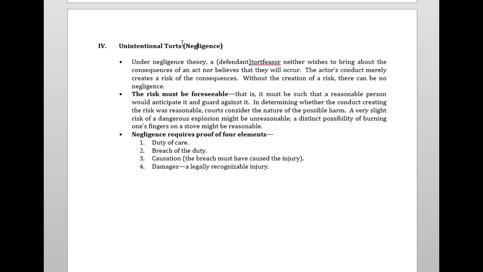Unintentional torts can apply to just about all of the other torts, the intentional torts we have, and those intentional torts were assault and battery, false imprisonment, infliction of emotional distress, defamation, invasion of privacy, fraudulent representation, frivolous lawsuits, wrongful interference, and trespassing against property or disparagement of property.